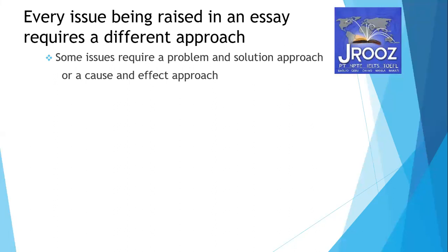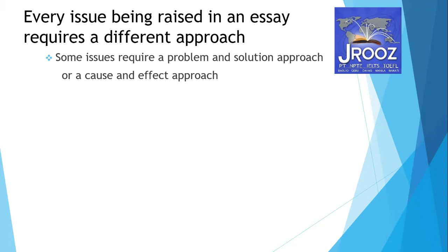Wait, I'm checking Fred. What are the causes and what could be done to solve this problem? Okay, that's a problem and solution approach. Two-part question. That's really an easy kind of essay, guys. Yes, I'll give you a copy of this slide.